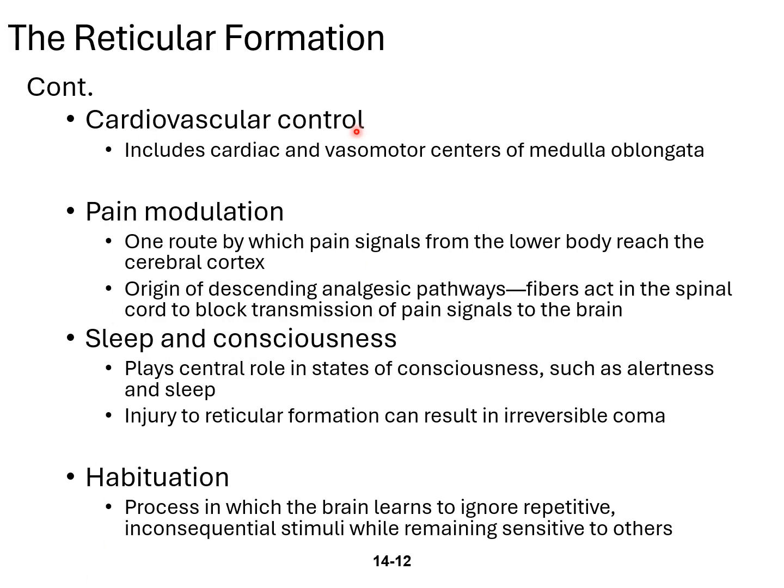You can have cardiovascular control, pain modulation, sleep, consciousness, and the ability for the brain to kind of ignore stuff that's just bothering it or just repetitive stuff. Kind of like when we talked about sense of smell, how it can just ignore that old scent and move on to something new. But the reticular formation is that communication within the brain that can allow it to do all these different things.